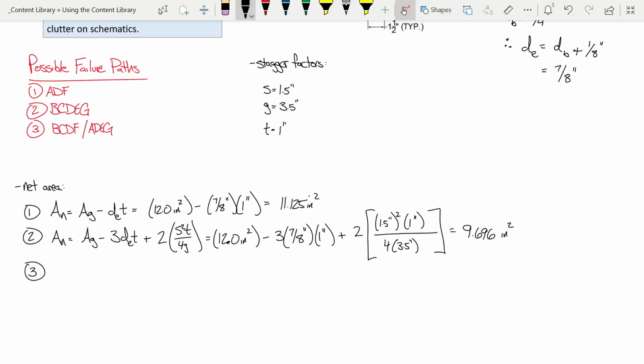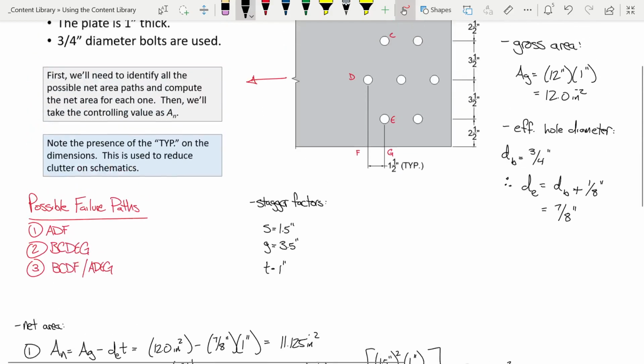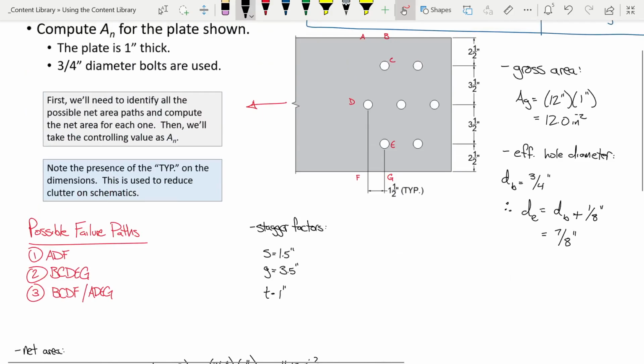So, what's the formula going to be like for the third group? We're going to take the gross area minus what? So, it's BCDF. All right, so here's the connection. How many bolt holes are we subtracting for BCDF? Plus, how many stagger factors?